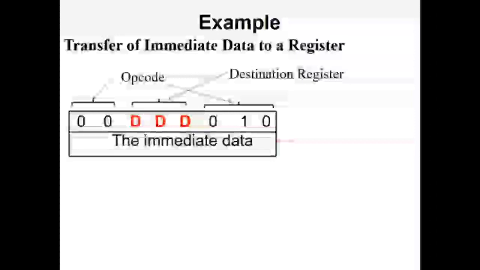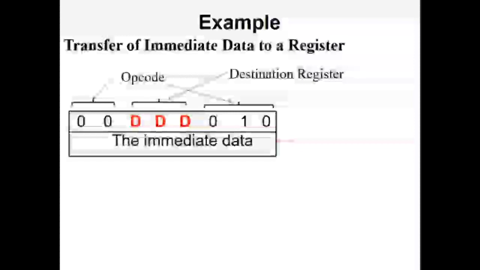Everything has to be in binary, or after writing in binary, then you can write in hexadecimal. So it has got the operation code, which according to the format is the first 2 bits and the last 3 bits, 00 and 010.